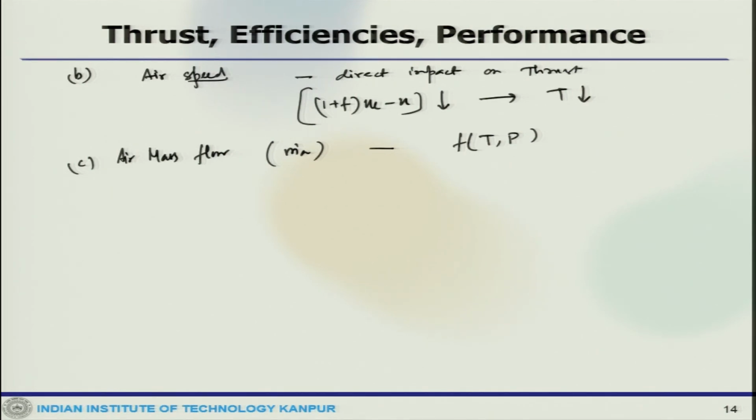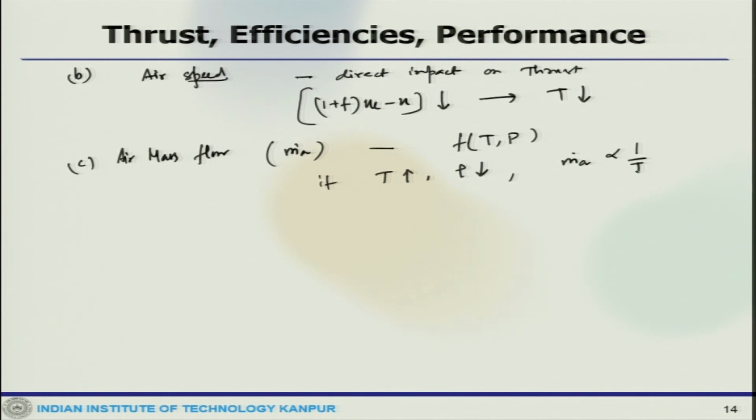In free air, if the temperature is increasing, the density will decrease, and the mass flow rate will be inversely proportional to the air temperature. Okay.